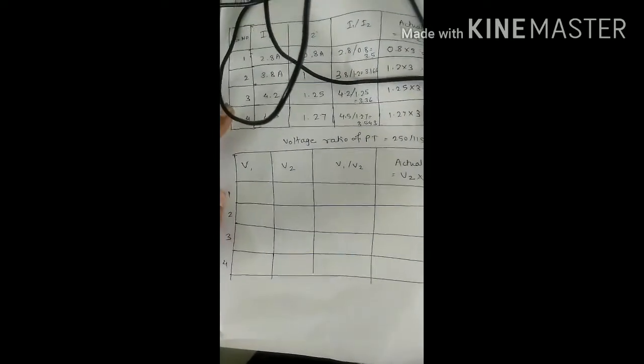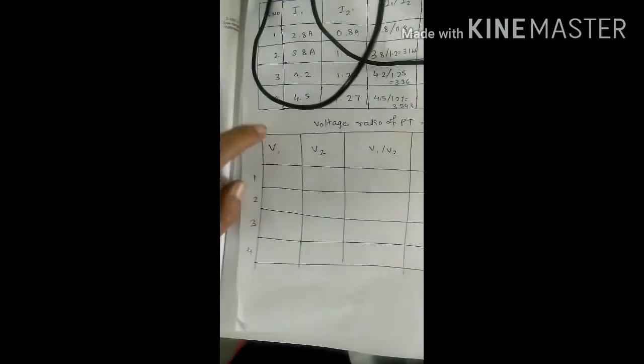So in this practical also, PT is used to extend the range of voltmeter. The secondary of PT is connected with the low range voltmeter, and on the primary there is a high voltage which you have to measure with the low range voltmeter connected to the secondary.